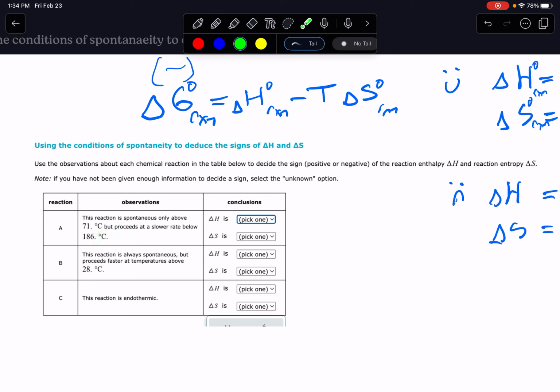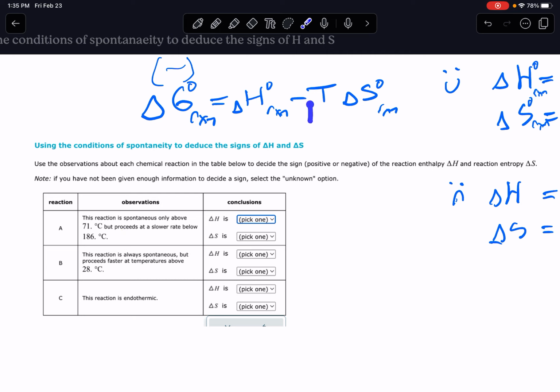So what we do know, looking up here at our equation, is that this T right here is tied to our S. In other words, if our T gets bigger, this overall expression becomes more important. If our T gets really small, this entropy, no matter what it is, becomes less significant. So when we look at this, it says the reaction is spontaneous only above 71.